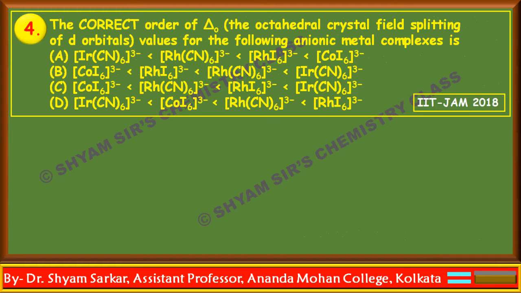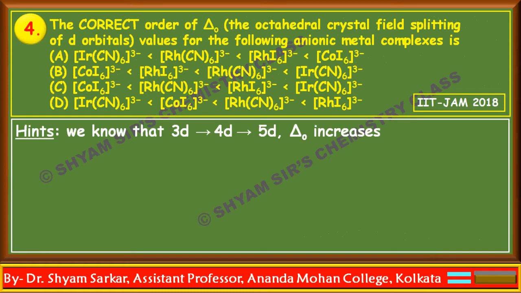So we know that from 3d to 4d to 5d, see, in my first lecture I have shown this in detail, the factors affecting the delta O value you can get from there. So here we know that from 3d to 4d to 5d, delta O increases.